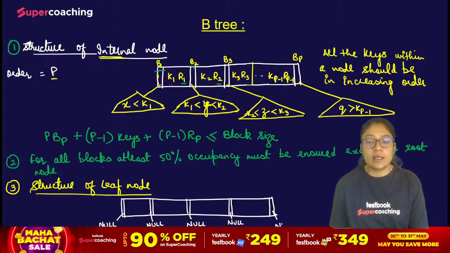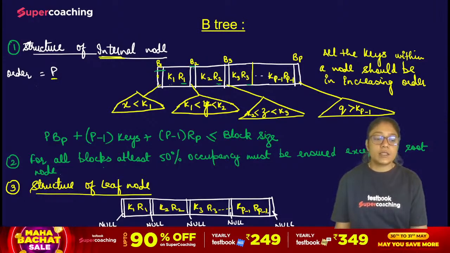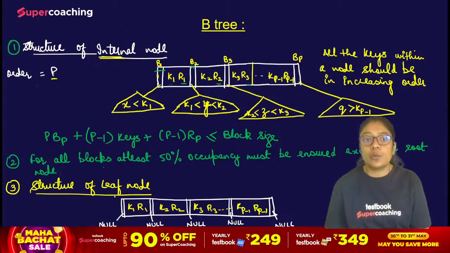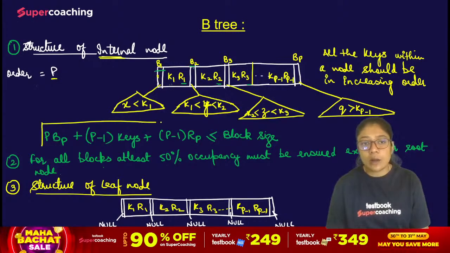And here obviously we will have P minus 1 keys. So let's write here K1, record 1, K2, record 2, because corresponding to every key there is a record pointer, K3, record 3, and so on, Kp minus 1, Rp minus 1. On the basis of this, can you tell me what will be the formula of the leaf node? The formulas we wrote also come from the structure of a node.